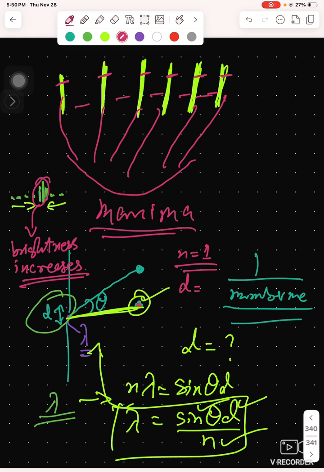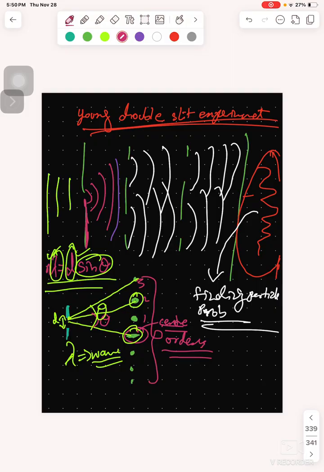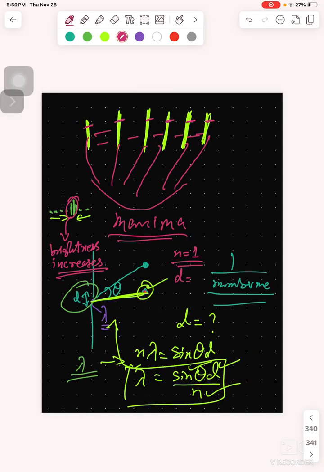So we could take it as, okay, probabilities. That's how it is. Yeah, it was correct, those which are the dark spots are known as minimas.